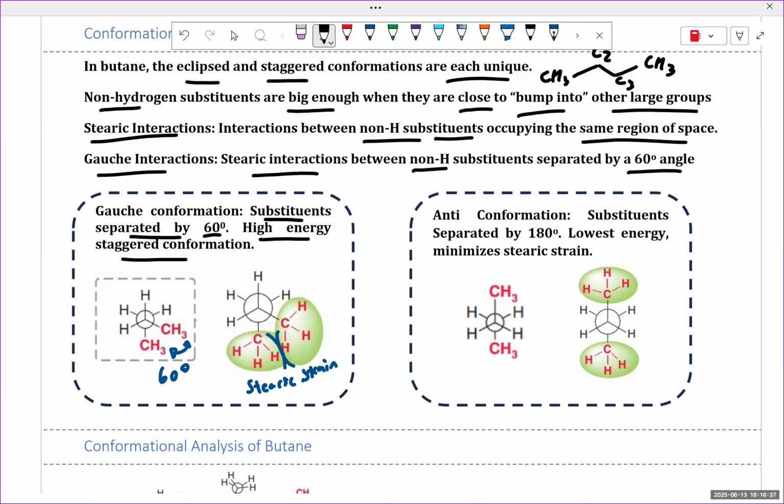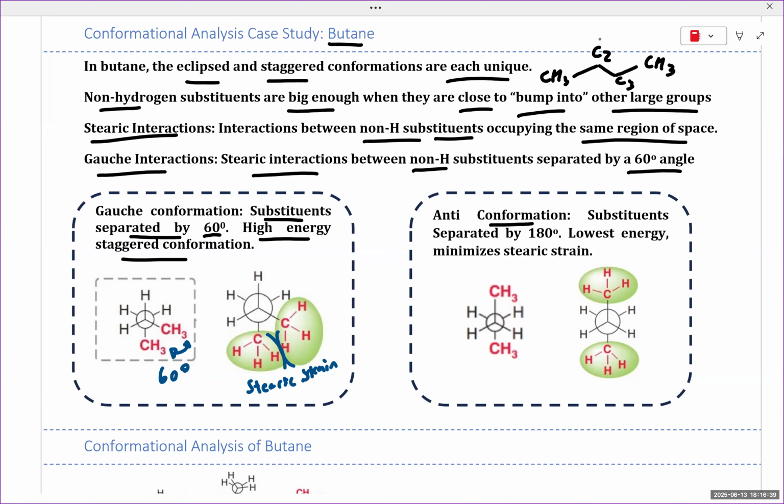By comparison, the anti-conformation has your large substituents separated by a 180-degree dihedral angle. It is generally the lowest energy conformation as it minimizes steric strain. These methyl groups are separated by 180 degrees. They aren't close. They can't bump into each other, so we don't have this steric strain.